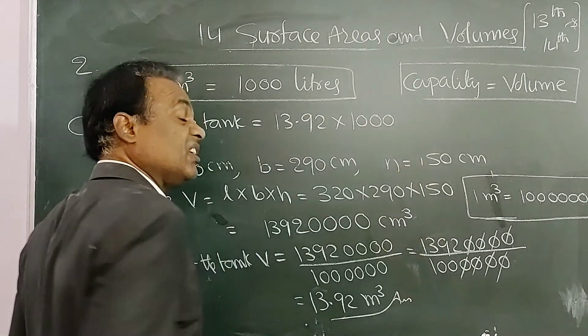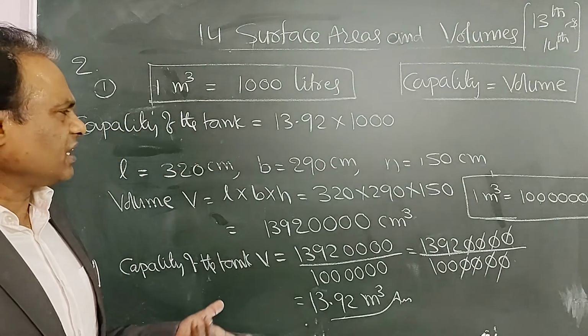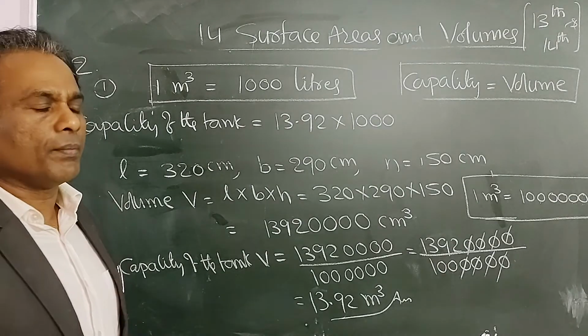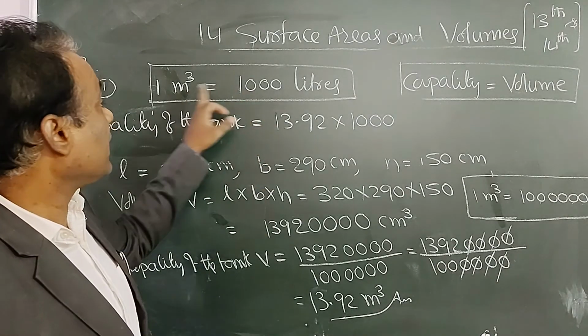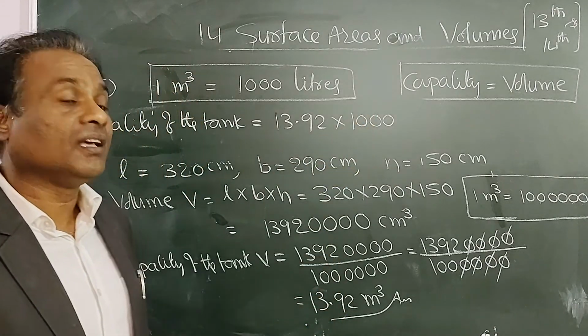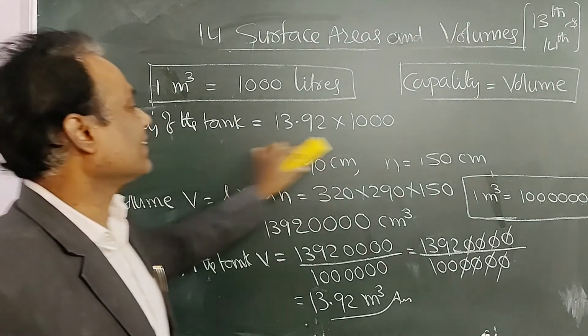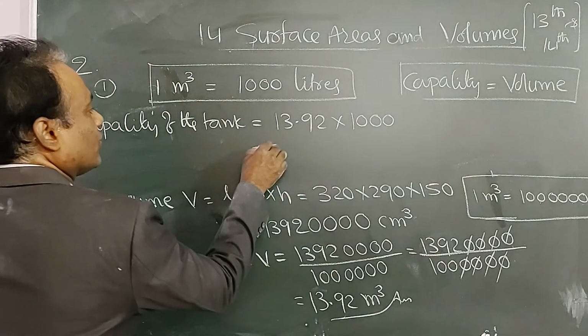Remember this important conversion. Actually in the question itself it will be given, but here unfortunately it is not given. So 1 meter cube is 1000 liters. Multiply the answer with 1000 and we will get the answer in liters.